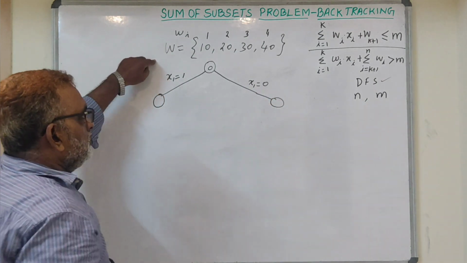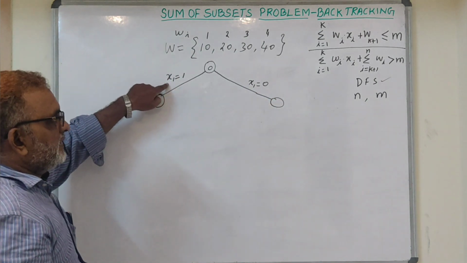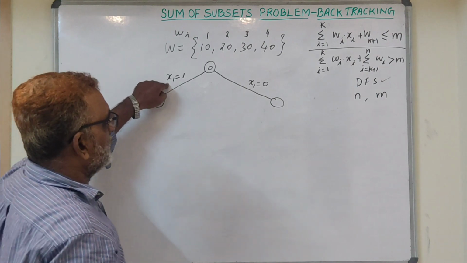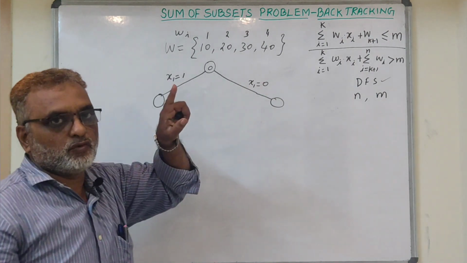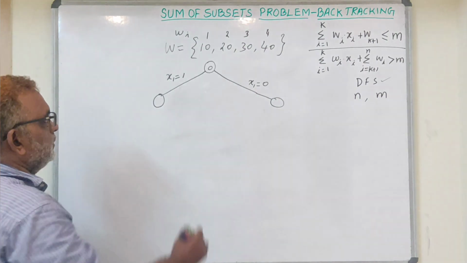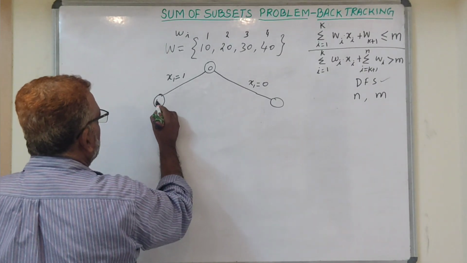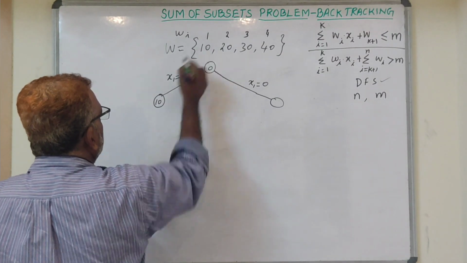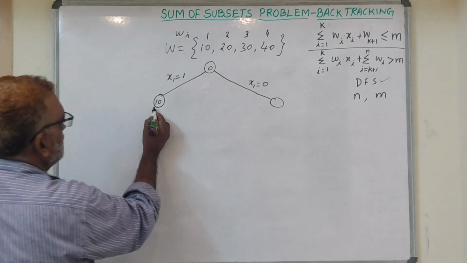Here we are including the x1 value, here we are not including the x1 value. That is the meaning. If I include it, I get 0 plus 10, the value 10.